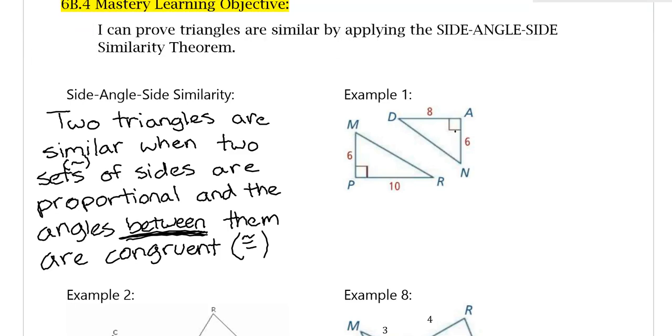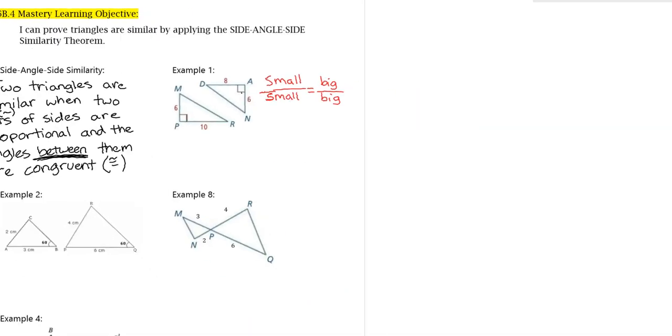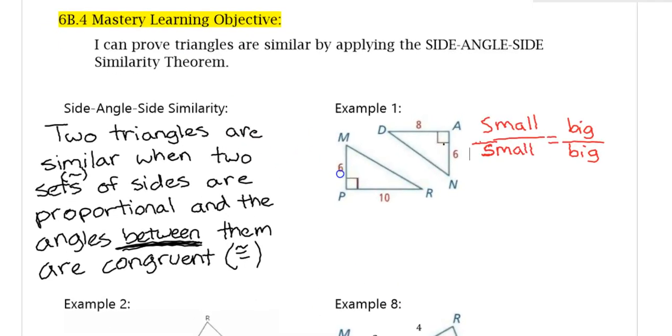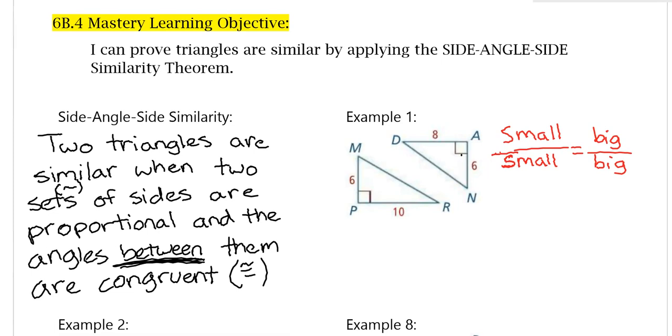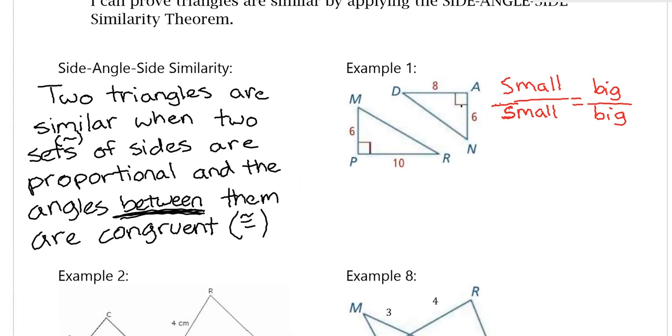So again, I'm doing small. Here I only have two sides. So small over small has to equal big over big. Okay. So my smallest side on this triangle is 6. Smallest side on this triangle is 6.